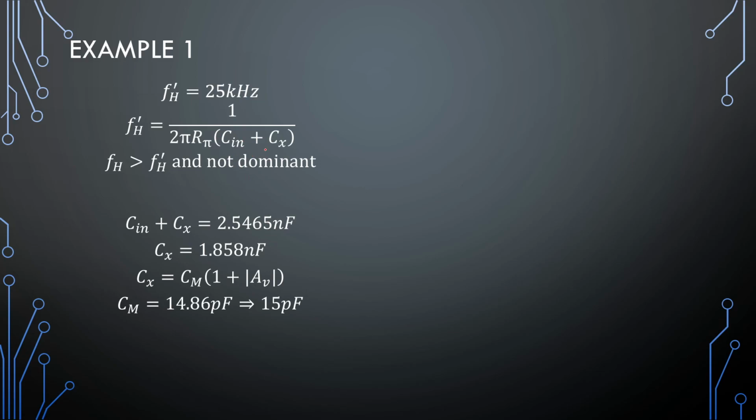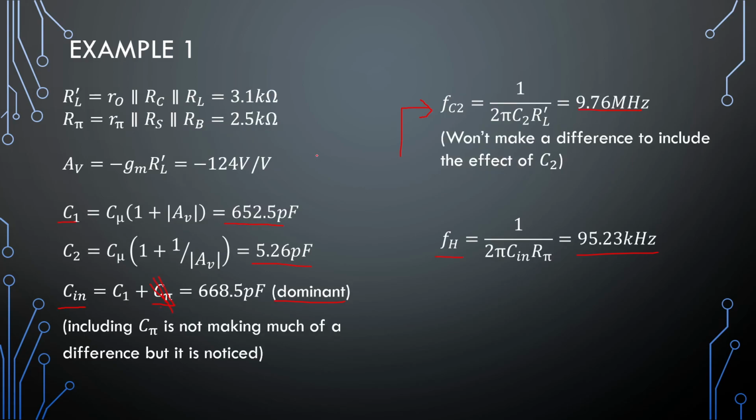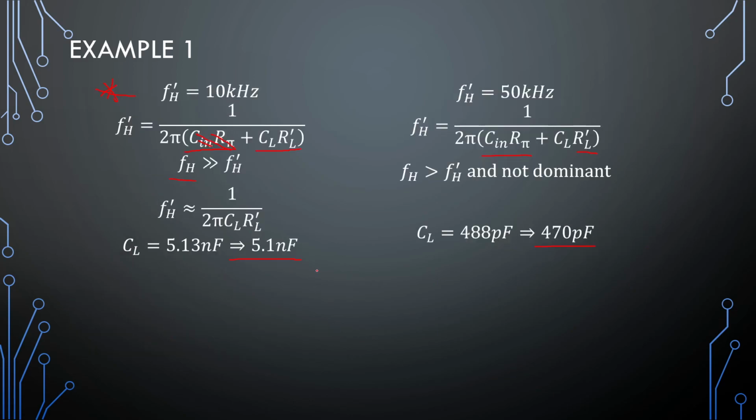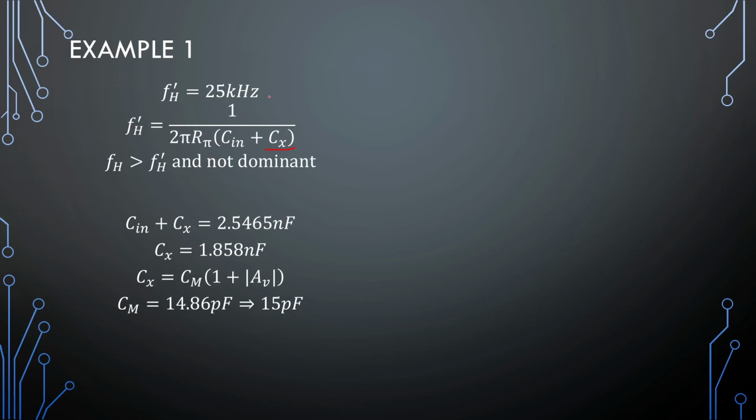Now, we start off by adding a small capacitance to our Cπ, right? So we are checking what capacitor we need to add around here to give us the frequency response of 25 kilohertz.